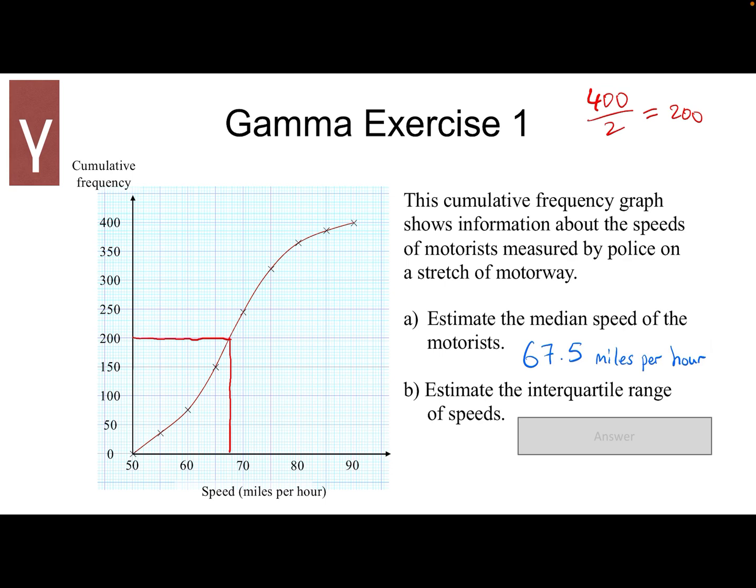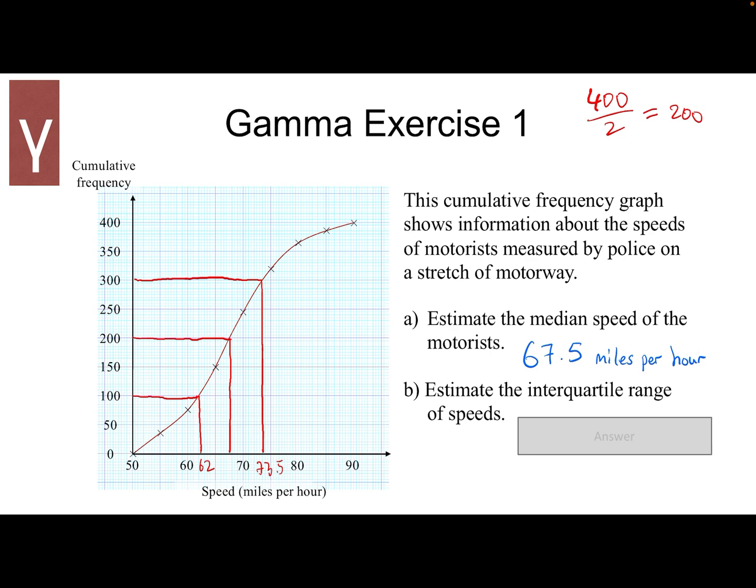Okay, interquartile range would be between the 300 for the upper quartile and the 100 for the lower quartile. So that's 25% value. So I'm thinking, what have I got here? 2, 4, 6, 7, about 73.5 here, and 62 for here.